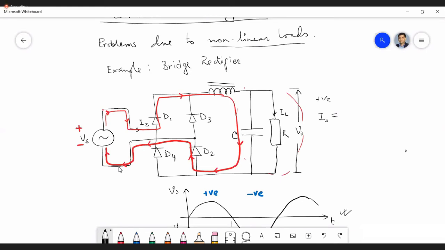If we use KCL, Kirchhoff's current law, then you will get nothing but 5 ampere. Because if we apply KCL here, only IS current is entering, and in the rest of the part the IL current is outgoing. So IS is nothing but IL, and that is equal to 5 ampere.